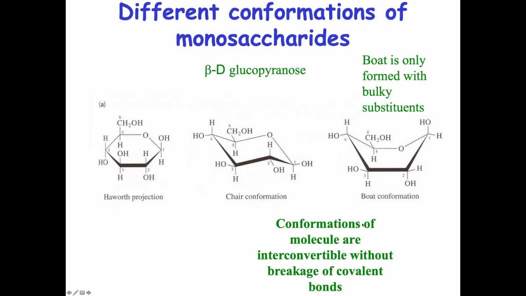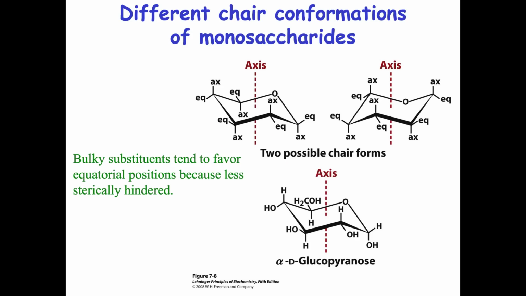Now, conformations of molecules are interconvertible without breakage of covalent bonds. So this molecule can go back and forth between two structures, and it doesn't require any breaking of bonds. And so these are conformations of each other. Now, there are different chair conformations of monosaccharides. We have two possible chair forms.